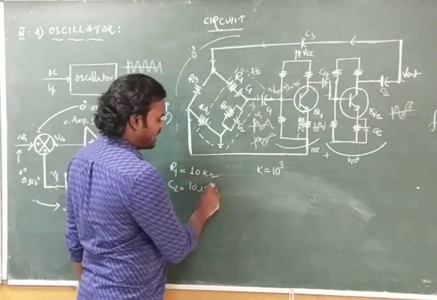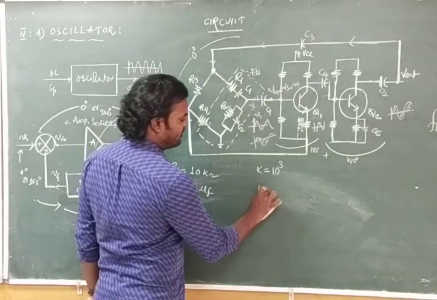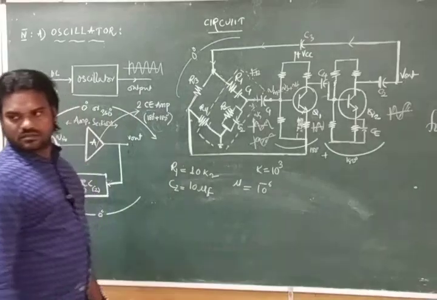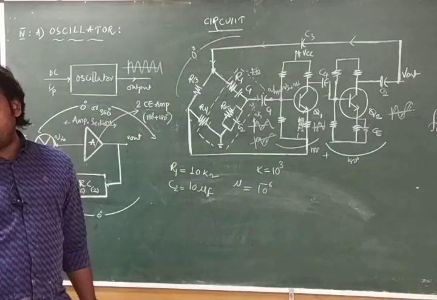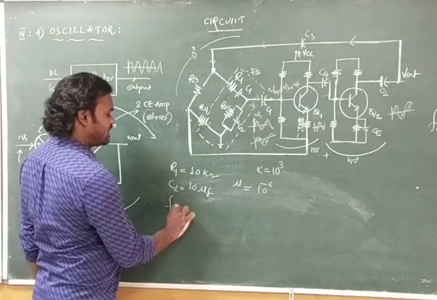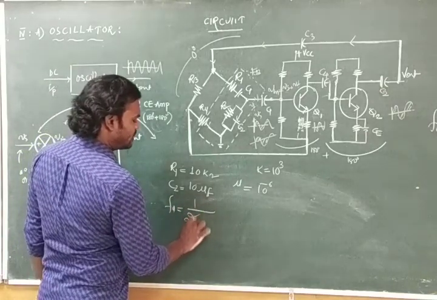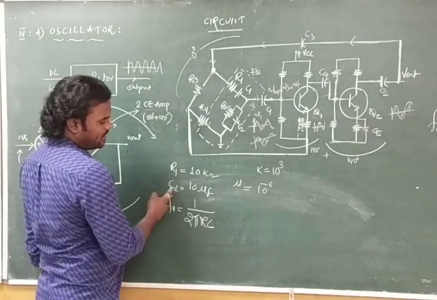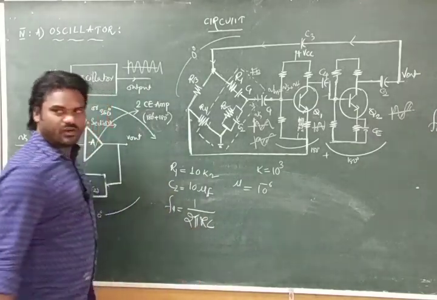Micro means 10 power of minus 6. Then we have to calculate FO equal to 1 by 2 pi RC. Here R1 is there, here C2 is there, it's simply R and C only.